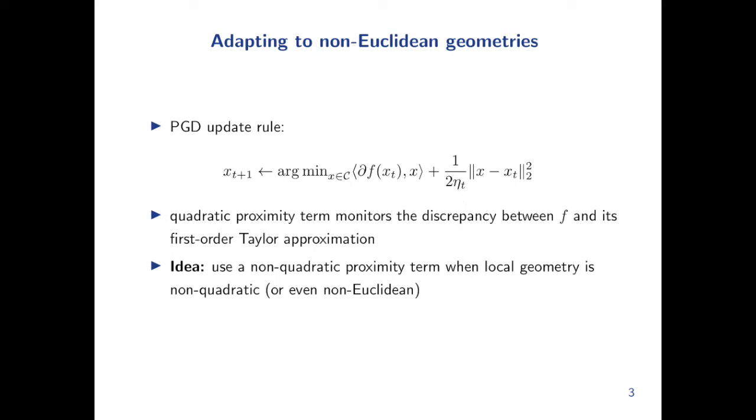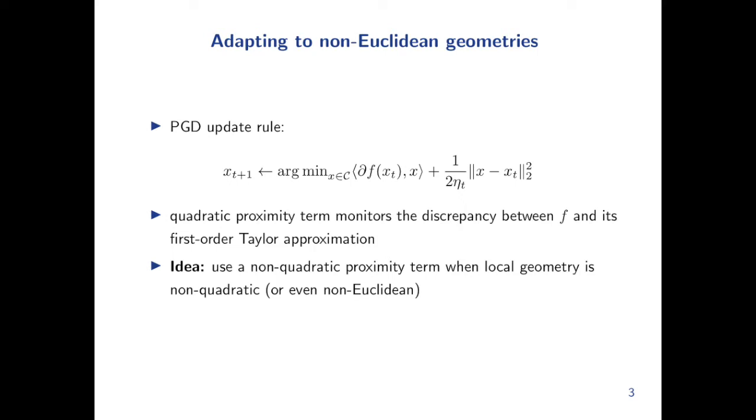This Taylor expansion has an error that is roughly proportional to the square of the distance between x and x sub t, your new trial iterate, if you will, and the current iterate x sub t. So by penalizing the quadratic distance between x and x sub t, you are in some sense trying to minimize the Taylor approximation plus the Taylor approximation error. So you're trying to minimize this type of conservative Taylor approximation to the cost function.